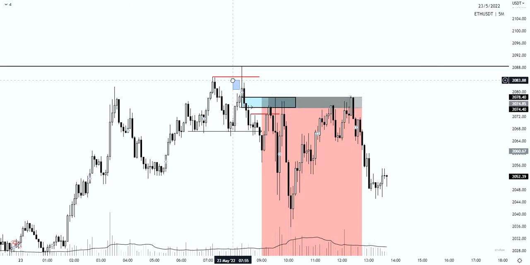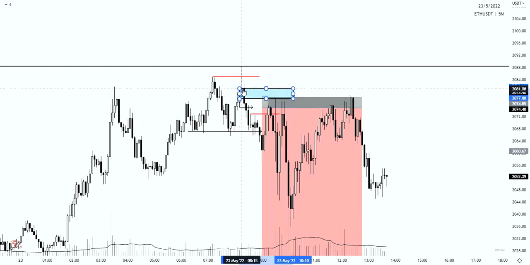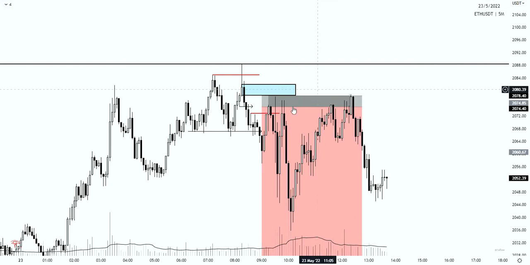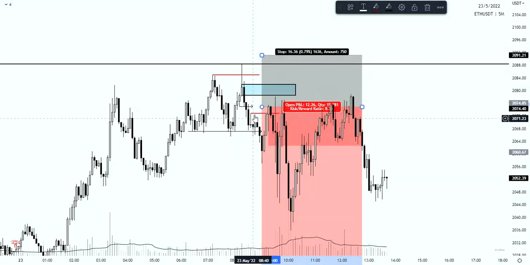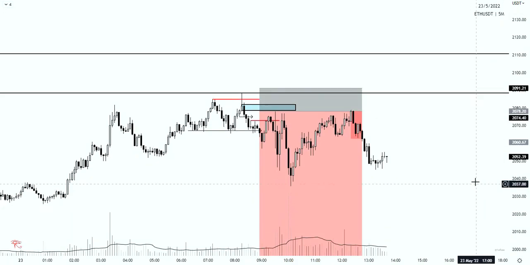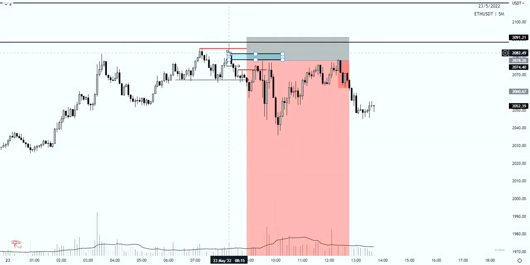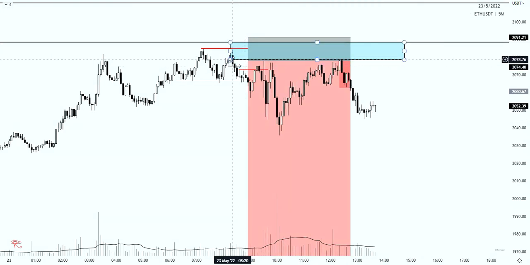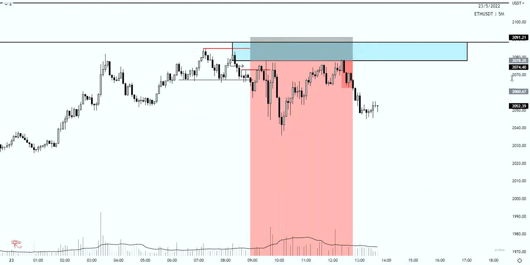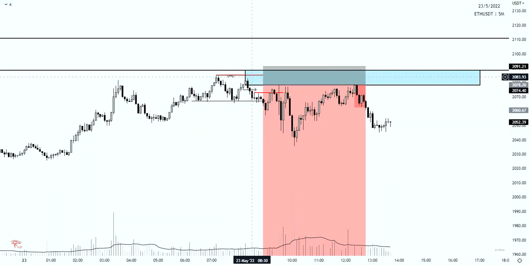So one, you could have entered on just the institutional candle, right? The 5-minute institutional candle at these limits here, after you notice we've created the pool of liquidity. Let's put this here. So your introduction of supply after your liquidity raid to the upside, your institutional candle.